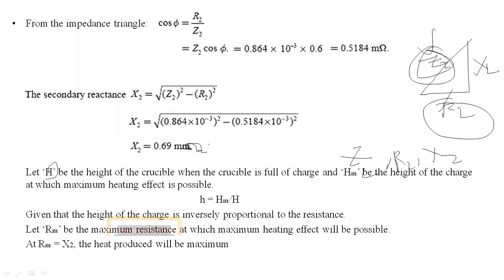Because he has asked for the depth of the charge, how much depth we have considered to keep the charge to be heated, I have taken capital H as the height of the crucible, that is nothing but your furnace, and the height of the charge as H suffix M, where we can get the maximum heating effect. The small h is nothing but the heating effect.